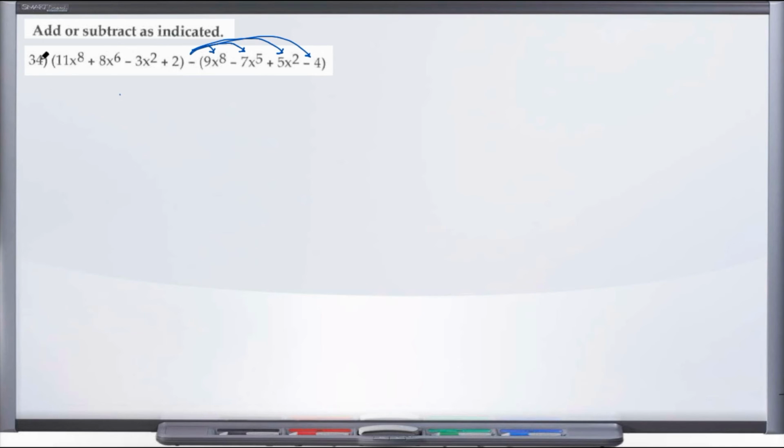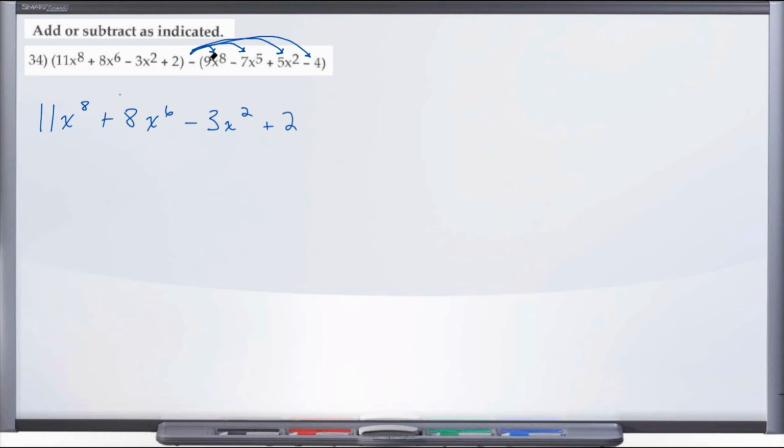All right, so because there's nothing out front, again, for this first expression, we can go ahead and just drop these parentheses and not worry about changing the signs. So we have 11x to the 8th plus 8x to the 6th minus 3x squared plus 2. And now let's figure out what is going to come next, factoring in this negative here.